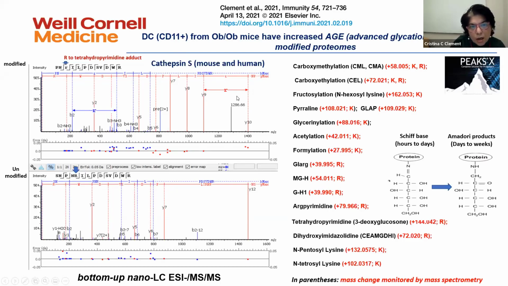We do actually use PEAKS at the level of MS1 analysis and MS2 analysis to identify with high accuracy. You can see here an arginine modifying cathepsin, which is one of the enzymes which process the antigens. And we have side-by-side the spectra of modified and unmodified.